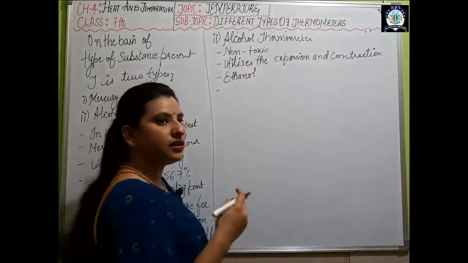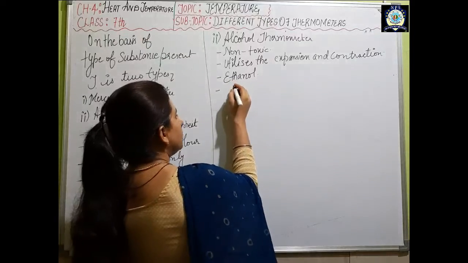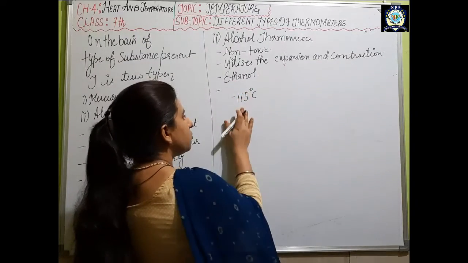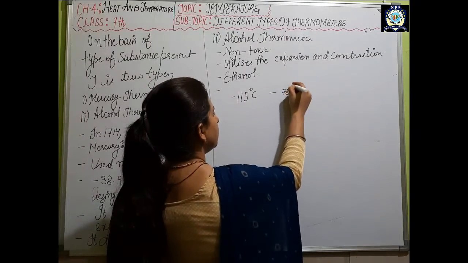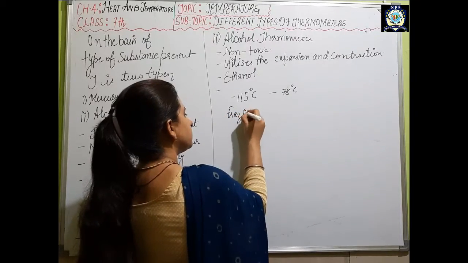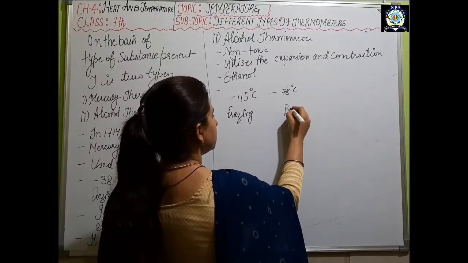Now, what is the range of temperature in alcohol thermometers? It can range from minus 115 degrees Celsius to 78 degrees Celsius. This is the freezing point, and this is the boiling point.